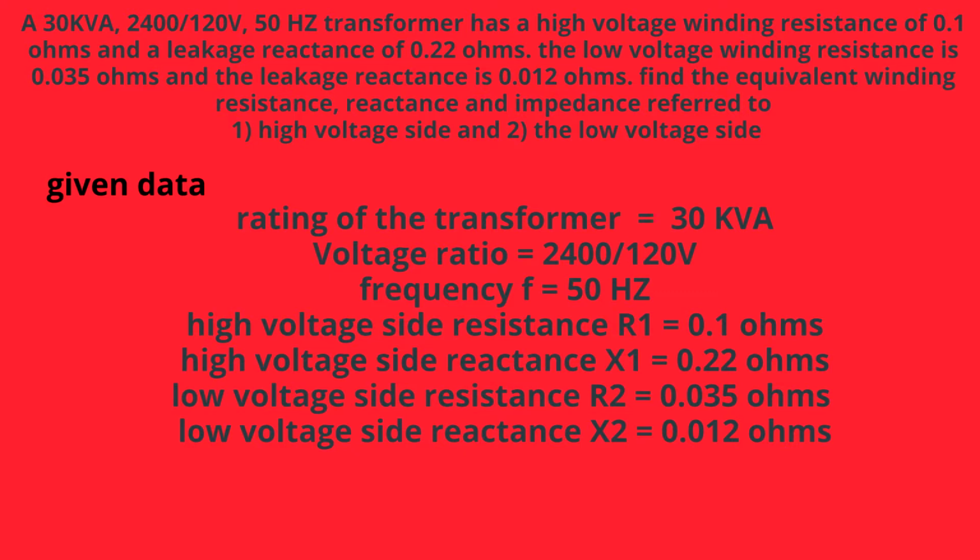Therefore the high voltage side resistance, which is primary side, that is R1 is equal to 0.1 ohm, and also the high voltage side reactance, that is primary side reactance X1 is 0.22 ohms. The secondary side voltage, that is low voltage, is 120 volts. Therefore the low voltage side resistance R2 is equal to 0.035 ohms and low voltage side reactance, that is secondary side reactance X2 is equal to 0.012 ohms.